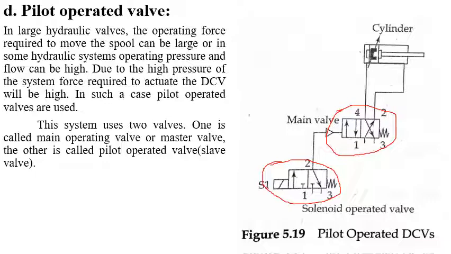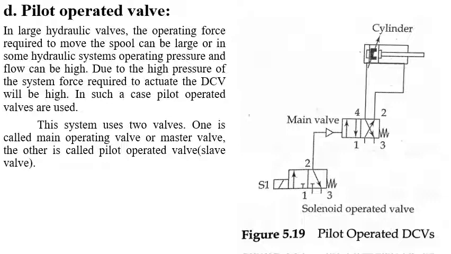In such a case, pilot operated valves are utilized. This system uses two valves. One is called a main operating valve or master valve, and the other is called a pilot operated valve or slave valve.